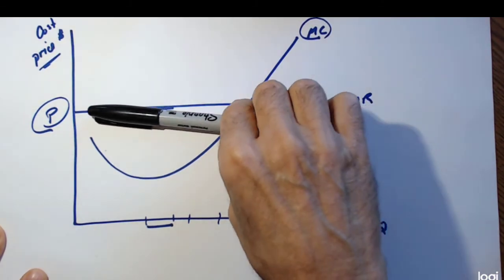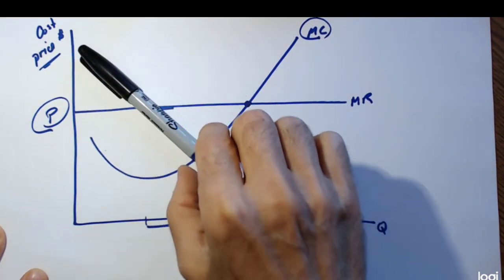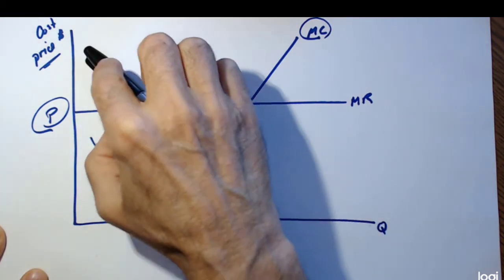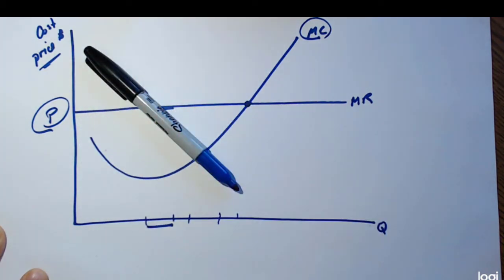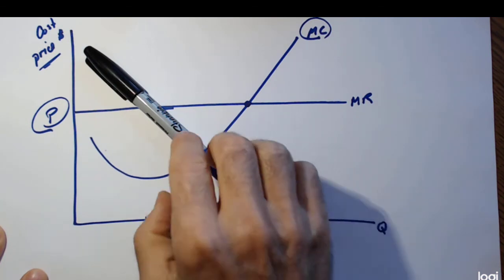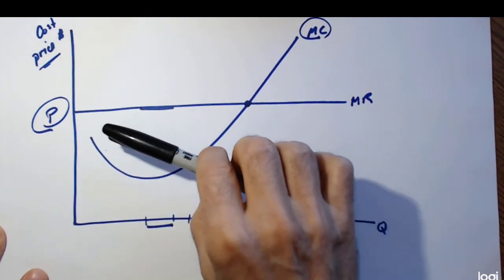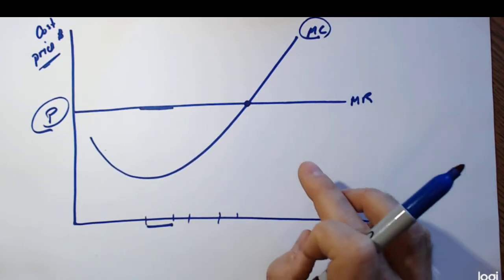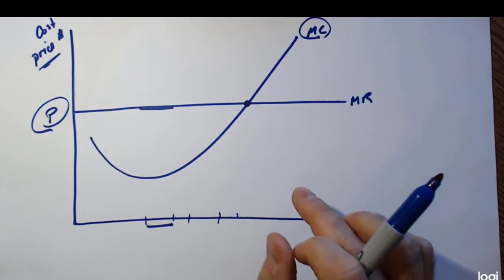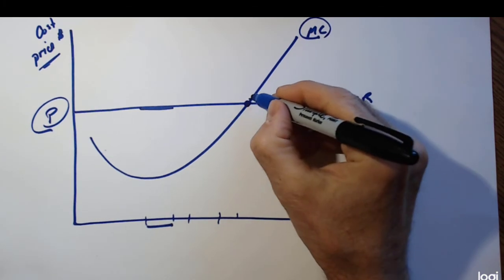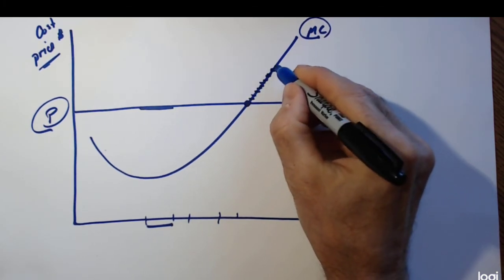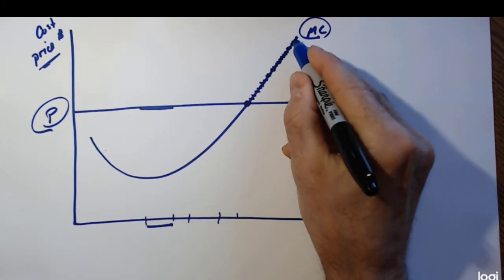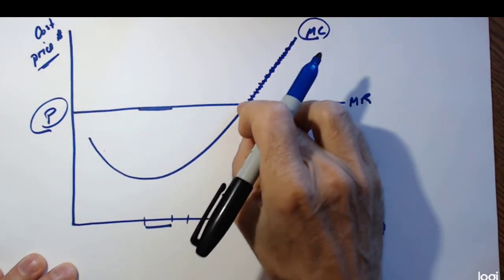For a monopoly and monopolistic competition, there's an element of price control, and there's a downward sloping demand curve, and we're going to have a downward sloping marginal revenue curve, and we need to optimize to figure out where the best profit is, where the most profitability is coming from. And then we'll find out that this marginal cost curve is the supply curve, but only in certain portions of this marginal cost curve.